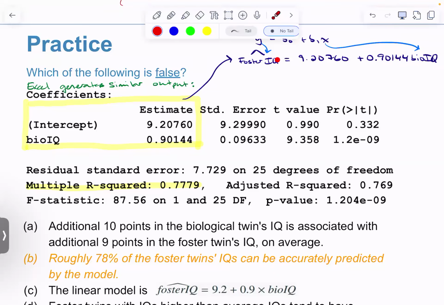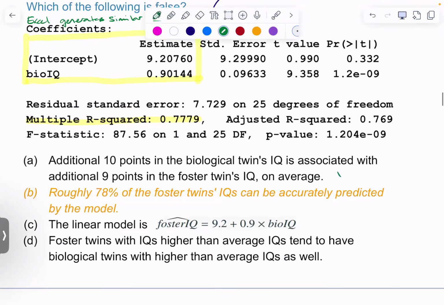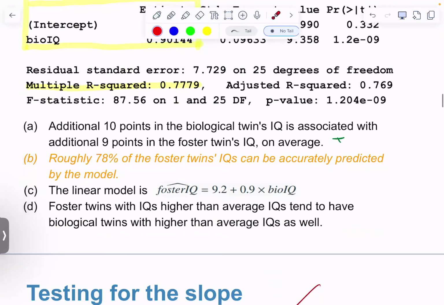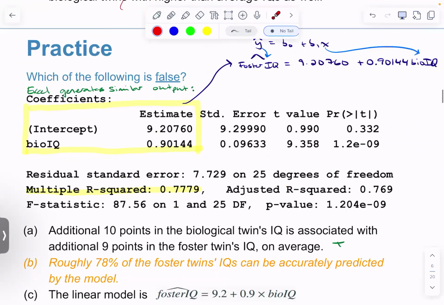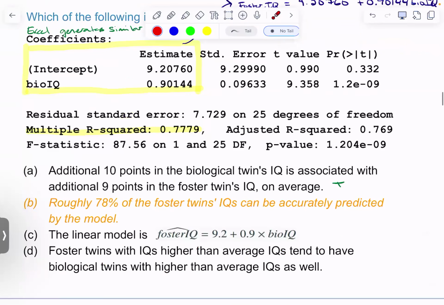And so that would be true. Roughly true. I'm looking for the false one. So let's talk about why the other ones are true. The linear model is Foster IQ is 9.2 plus 0.9 times the bio IQ. Well, we did it more thoroughly, but yes, that's true.